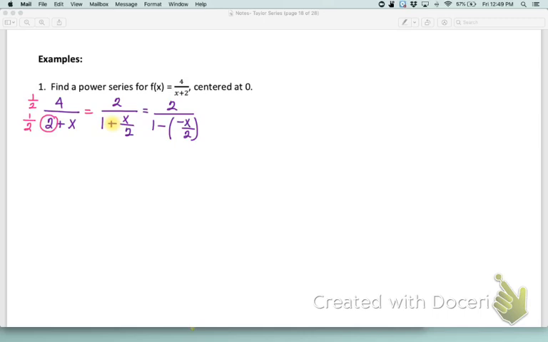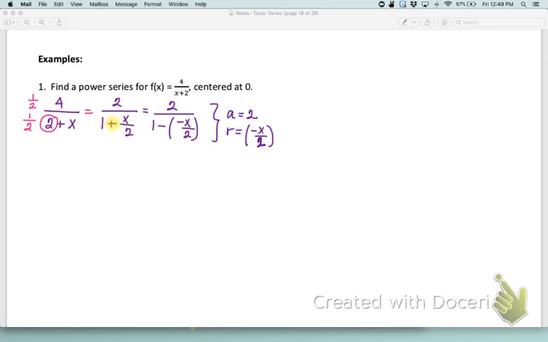But now I have this in the form that I want, which is a over 1 minus r. And so all of those pieces now fit together, okay? So we can see that from all of this information, now we know that we need a to equal 2 and we need r to equal negative x over 2.